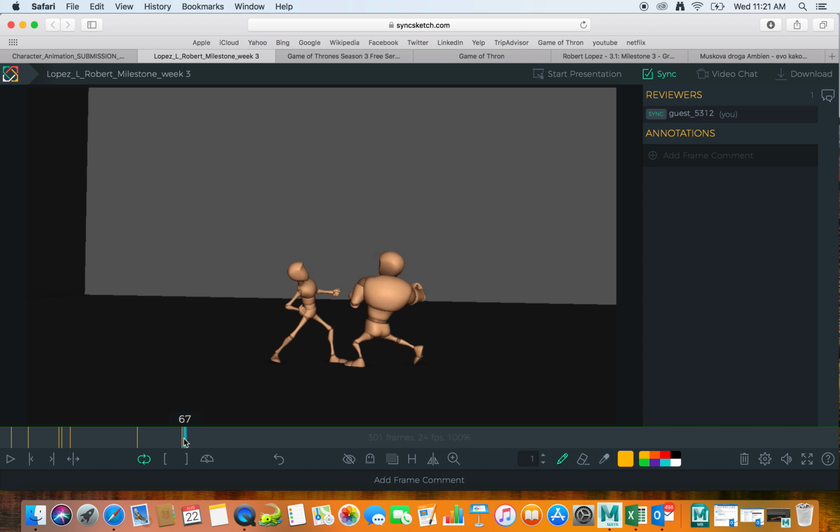And then from here, he would go down flat. This leg looks strangely straight. It should be something like that.